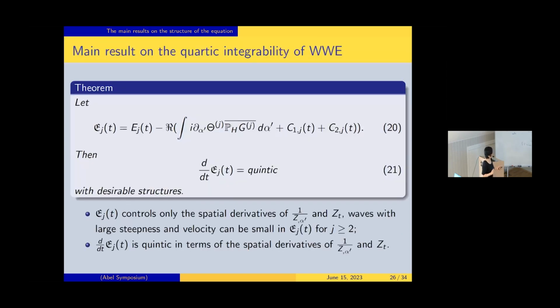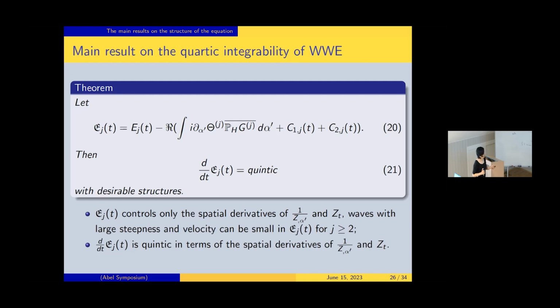And we find that we take this energy functional, and after these modifications, this quantity satisfies something equal to a quintic. It also has some special structure, which is something explicit. We can see that it only controls spatial derivatives of the basic quantities 1 over z alpha and z t.